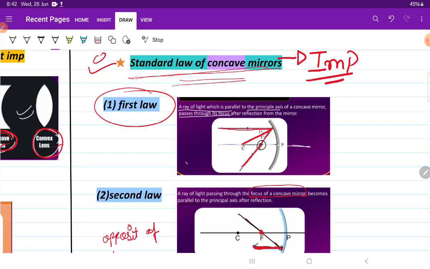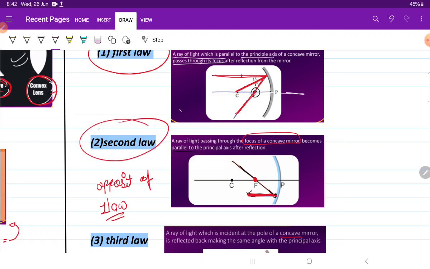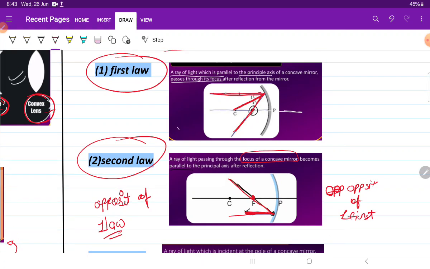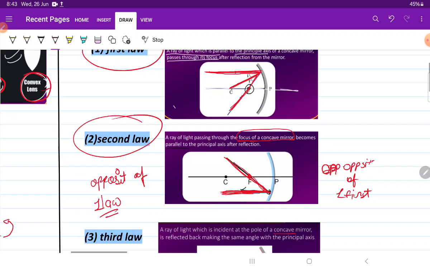The second law states that when a ray passes through the focus, it will be parallel to the principal axis. That is the opposite of the first law. Here the incident ray is parallel to the principal axis and cutting the focus, while here the incident ray is cutting the focus and the reflected ray is parallel to the principal axis.